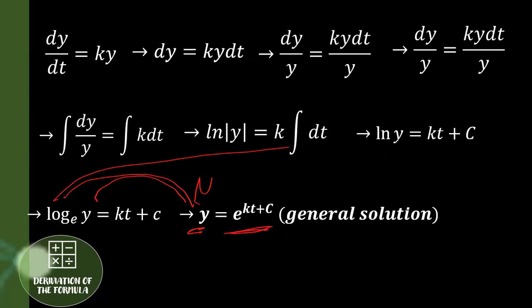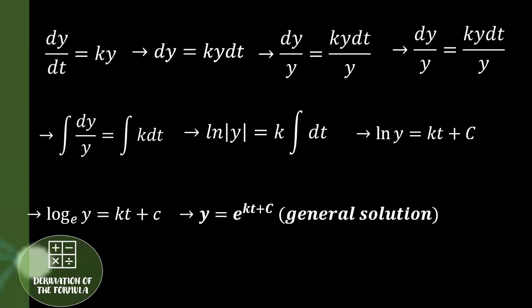So this is now considered the general solution of the exponential model. But take note that we are to find the particular solution. How do we find that c value?